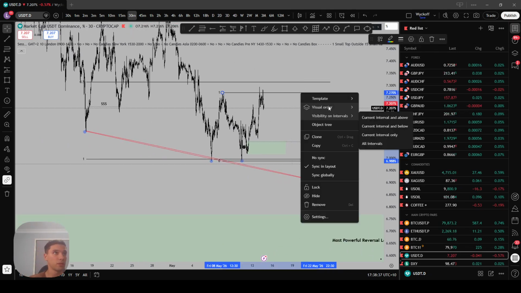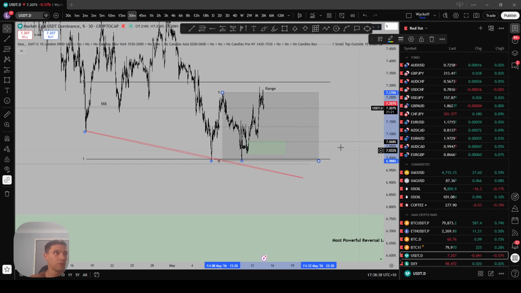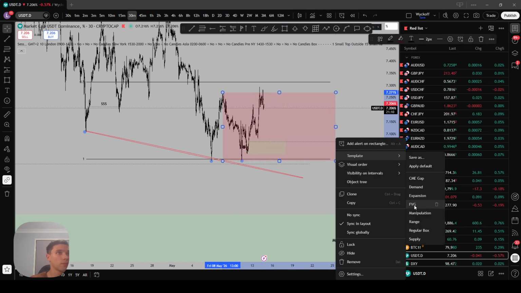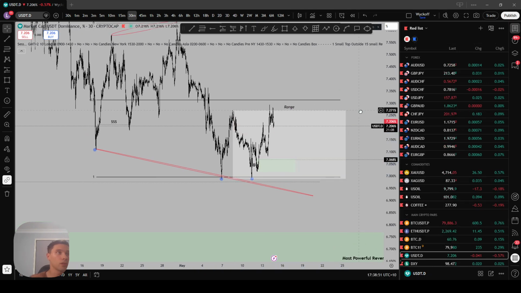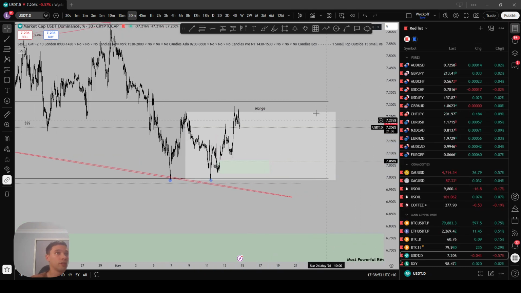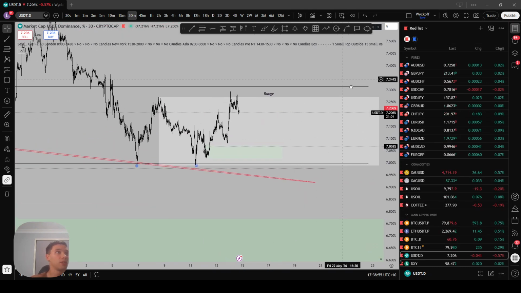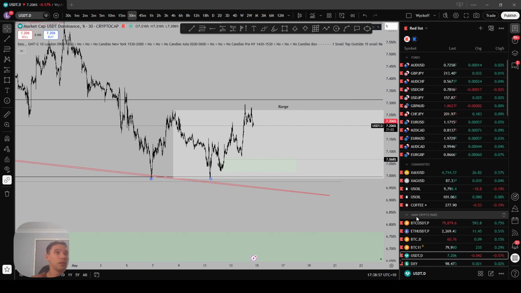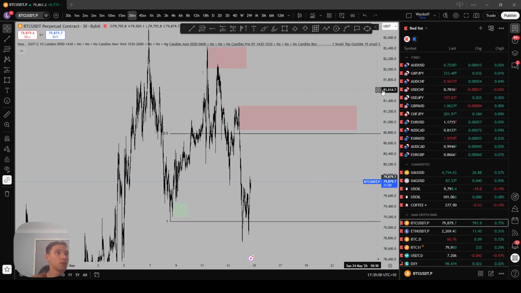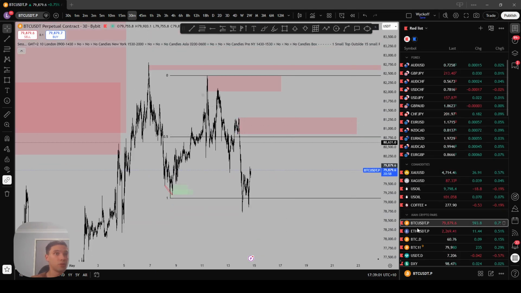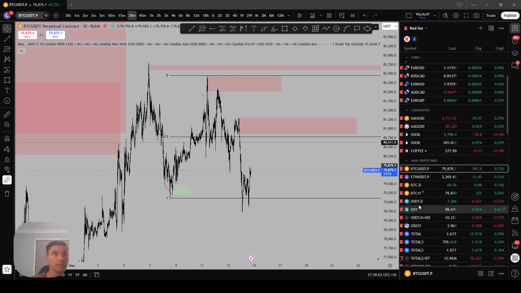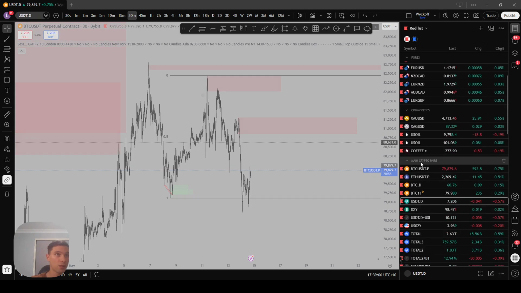Let me make this a little bit neater. Okay, here we go. That is our plan at the moment. Potential distributions here aligning with this Bitcoin accumulation model. Keep an eye out for that.